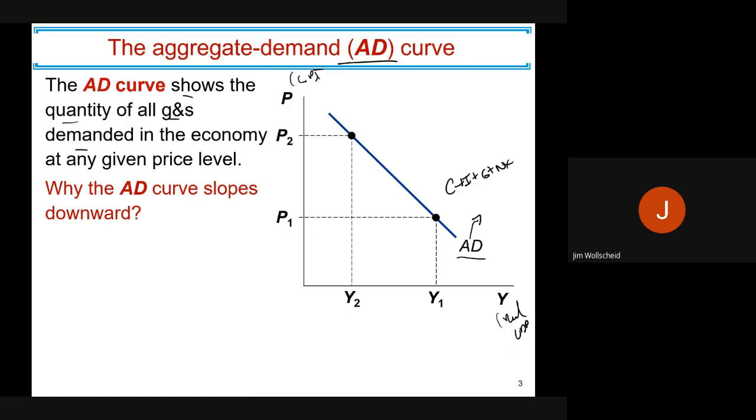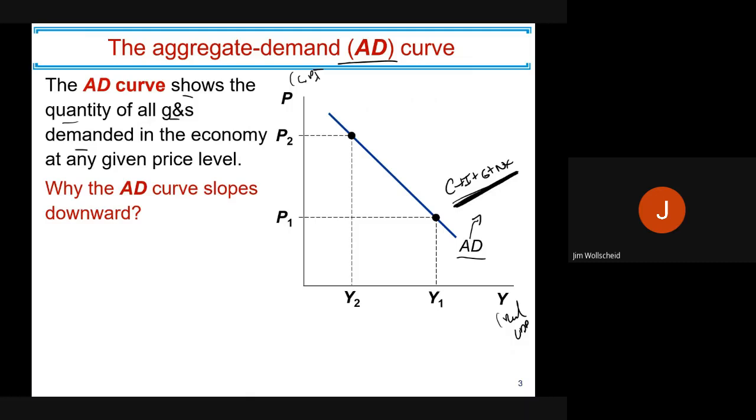GDP, remember, is all the goods and services bought by households, goods and services bought by businesses, goods and services bought by government, and goods and services bought by foreigners. So when we think about aggregate demand, we should go back to our equation, C plus I plus G plus NX. That's what's going to determine aggregate demand.